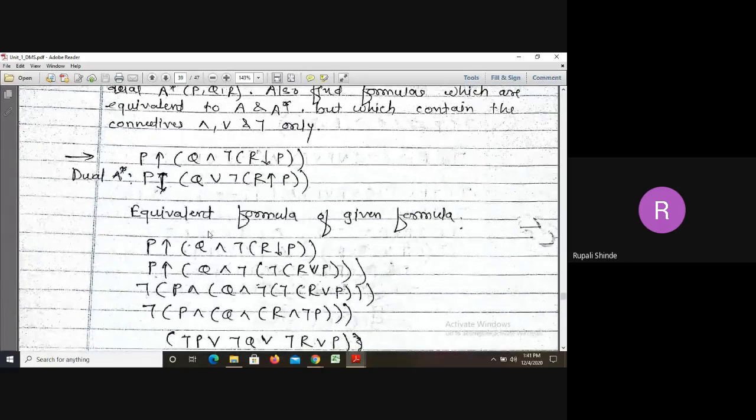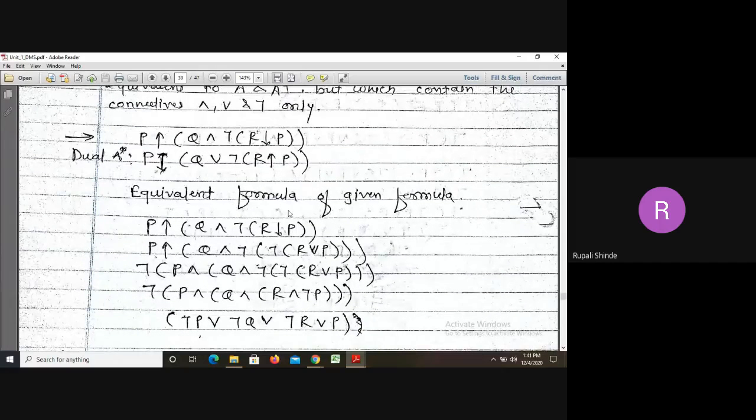Again, we have to convert this given formula into its equivalent form, which will contain only and, or, negation. Three connectives should be there. How can we convert this? P NAND Q and negation of R NOR P. First of all, we are going to solve this bracket.